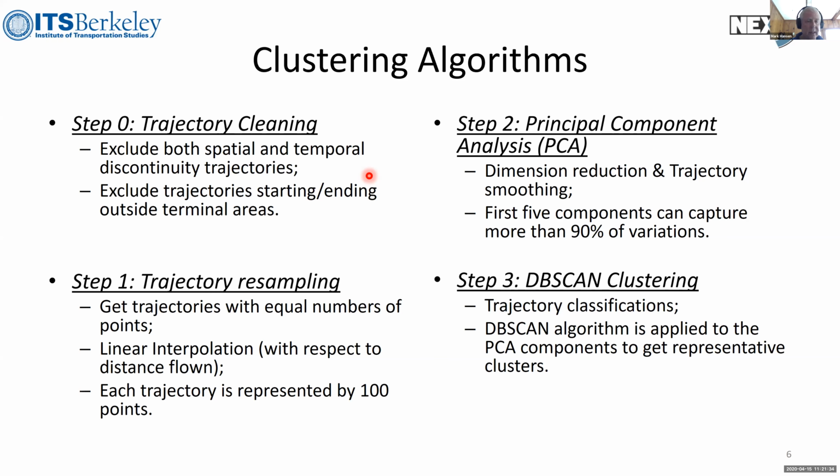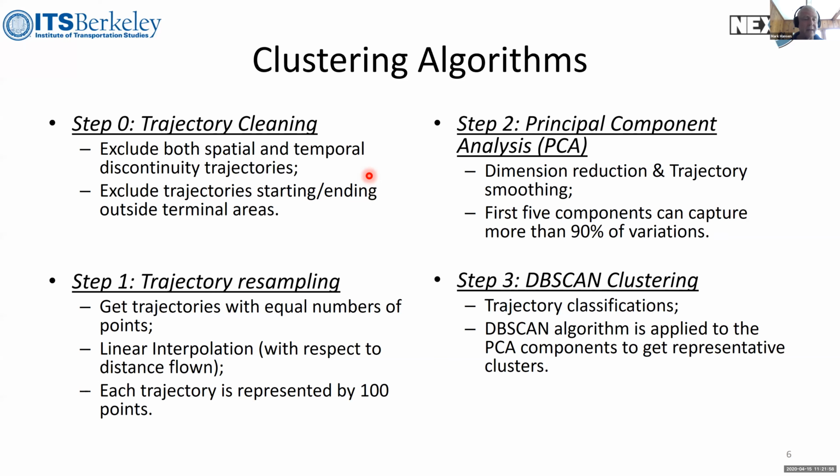And we use a linear interpolation for this with respect to the distance flown. So while some of the raw trajectories contain more points than others, after this step, we've summarized each trajectory with, in our particular example, 100 points.